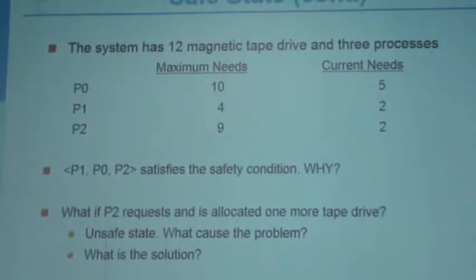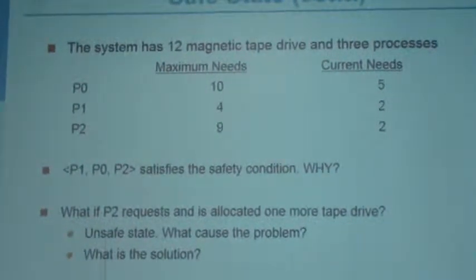Process 1 needs 4. Process 2 needs 9. In total 23. If we had 23 magnetic tapes, there is no problem. However, we have how many? 12. Currently, how many are held by each process? 5 for P0, 2 for P1, 2 for P2, which means 9 of them are currently used by processes. Then how many remain? 3 remain. Then do you think there can be a deadlock or not?